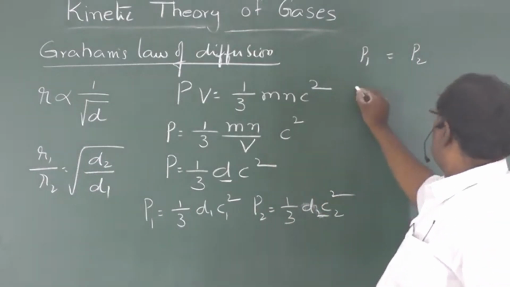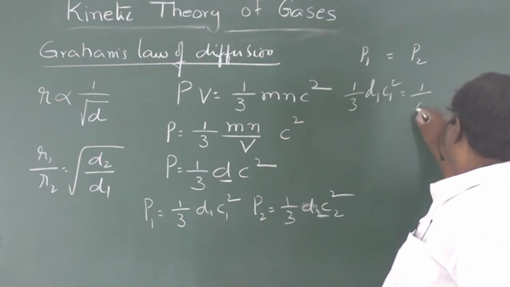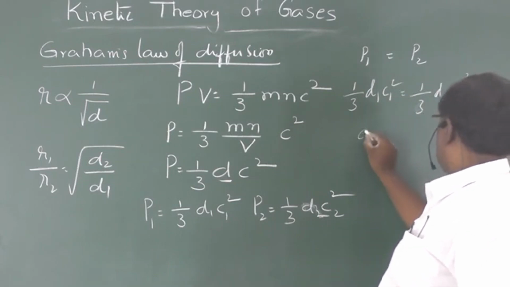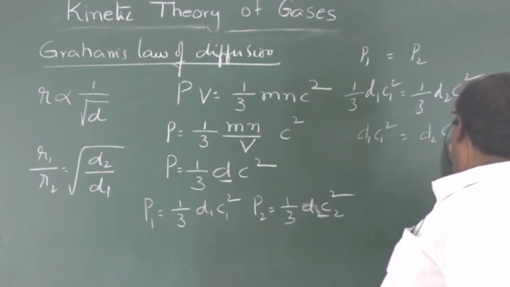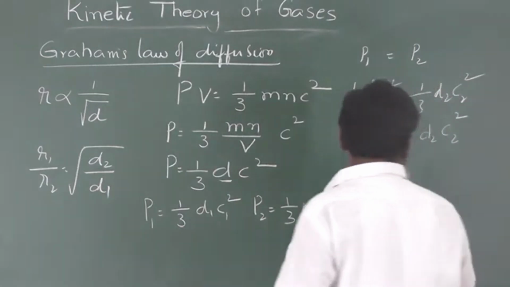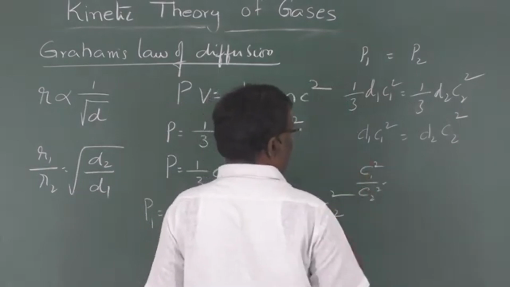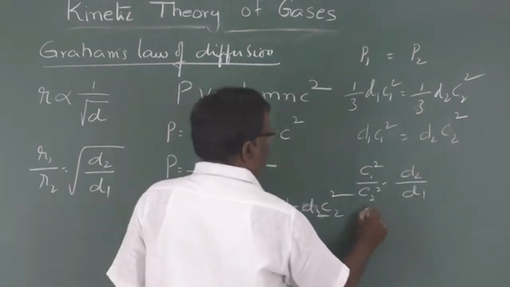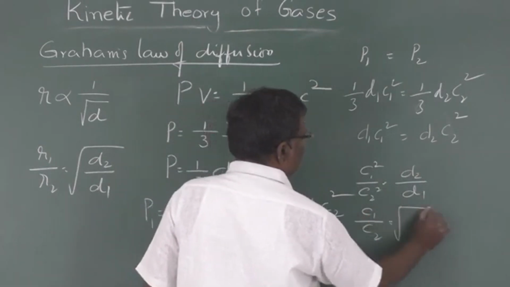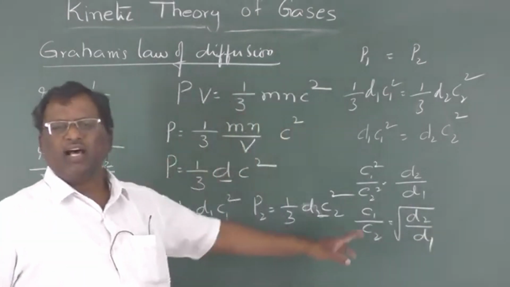In such cases, 1/3 d1 c1 square is equal to 1/3 d2 c2 square, or d1 c1 square is equal to d2 c2 square. So c1 square by c2 square is equal to d2 by d1, or c1 by c2 is root of d2 by d1, where c is the RMS velocity.